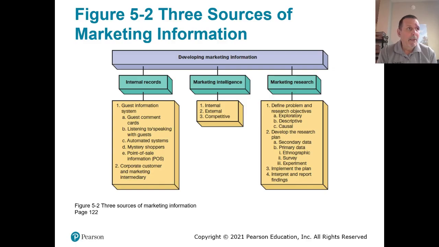So guest information systems in a hotel, when people check in, you get all that information. You need to keep it, so we call that what? CRM, right? CRM is customer relations management. CRM modules within the PMS or the POS are going to be instrumental with getting us the kind of information we want about our customers.